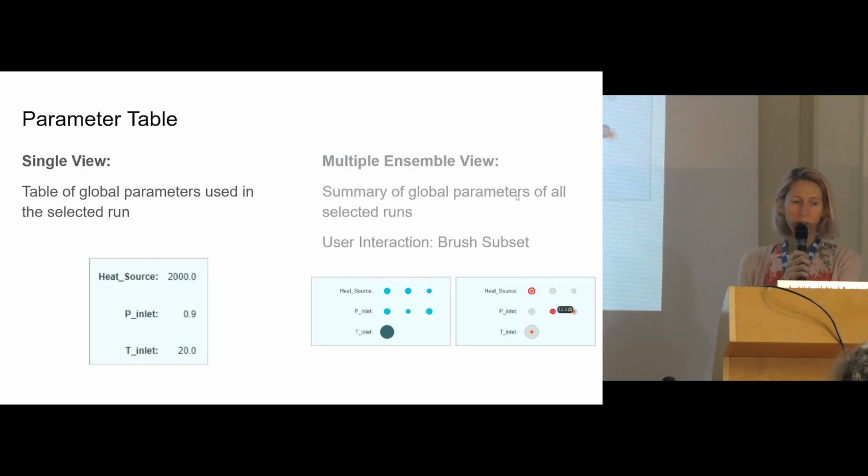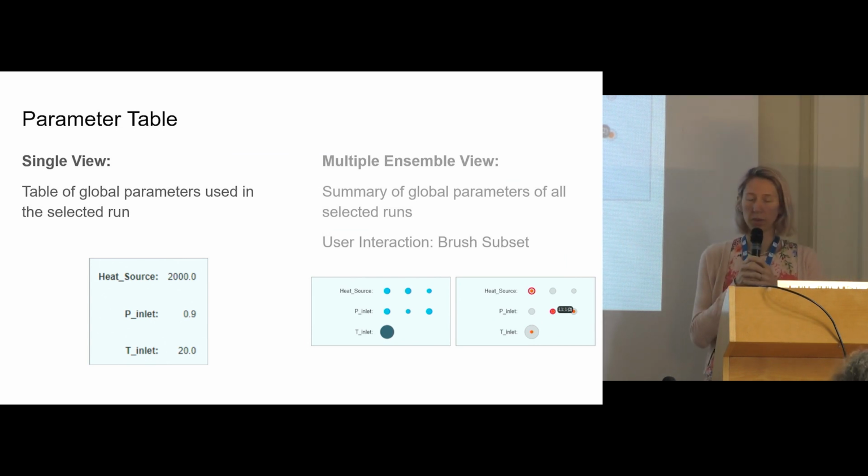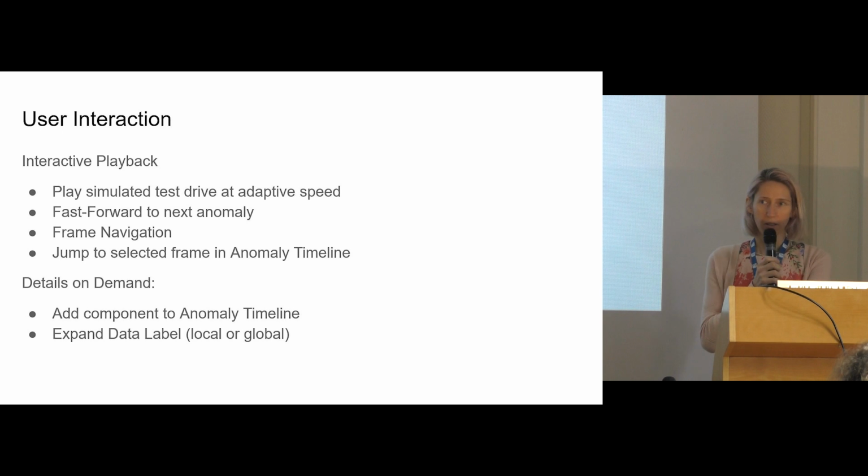The parameter table basically just gives an indication of the global parameter set, and it's more of a view for future work where we want to visualize not only a single one but multiple ones at once, and where we can have a summary of these selected parameters and select subsets and brush the data with this.